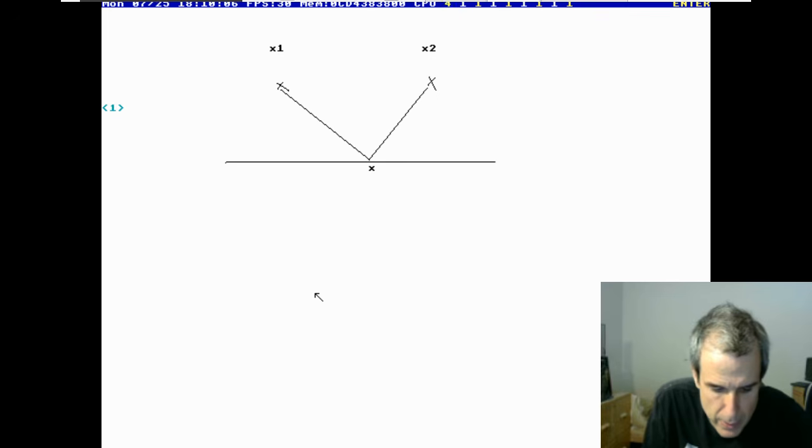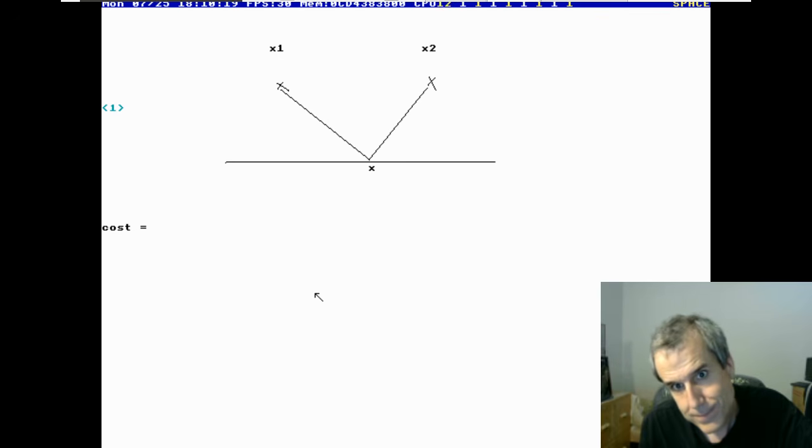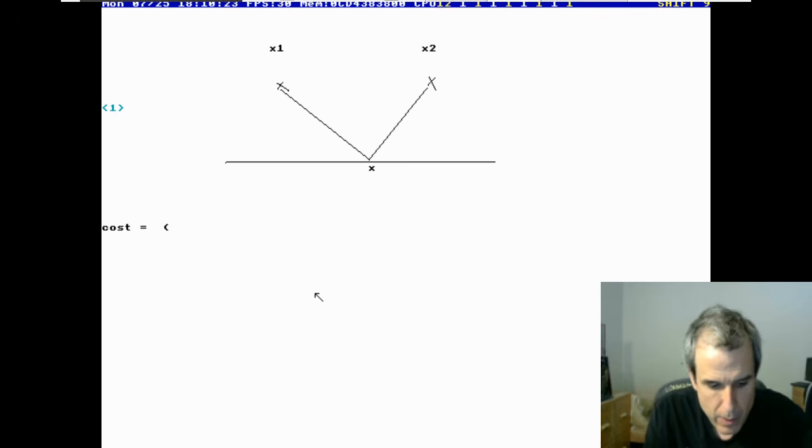Okay, so this is a good place for a cost. The cost is equal to x1 minus x.